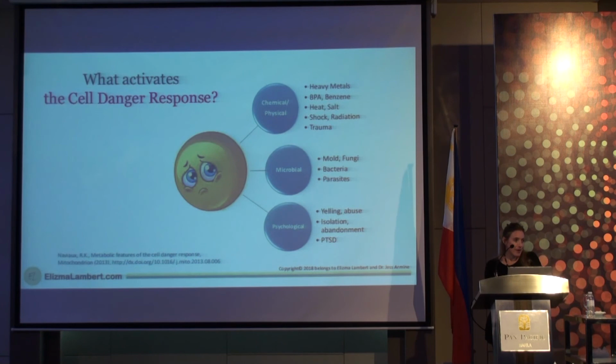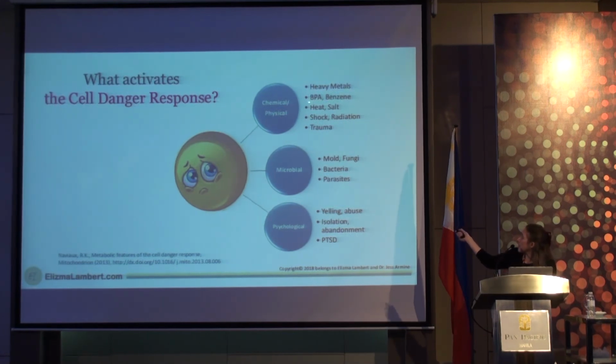what is it that can activate that cell danger response and create that pattern that we see on the organic acid test? It can be anything from chemical or physical exposure, such as heavy metals, heat, salt, shock, radiation, trauma. It can be microbial in origin, such as parasites, bacteria, mold, and fungi. But it can also be psychological.